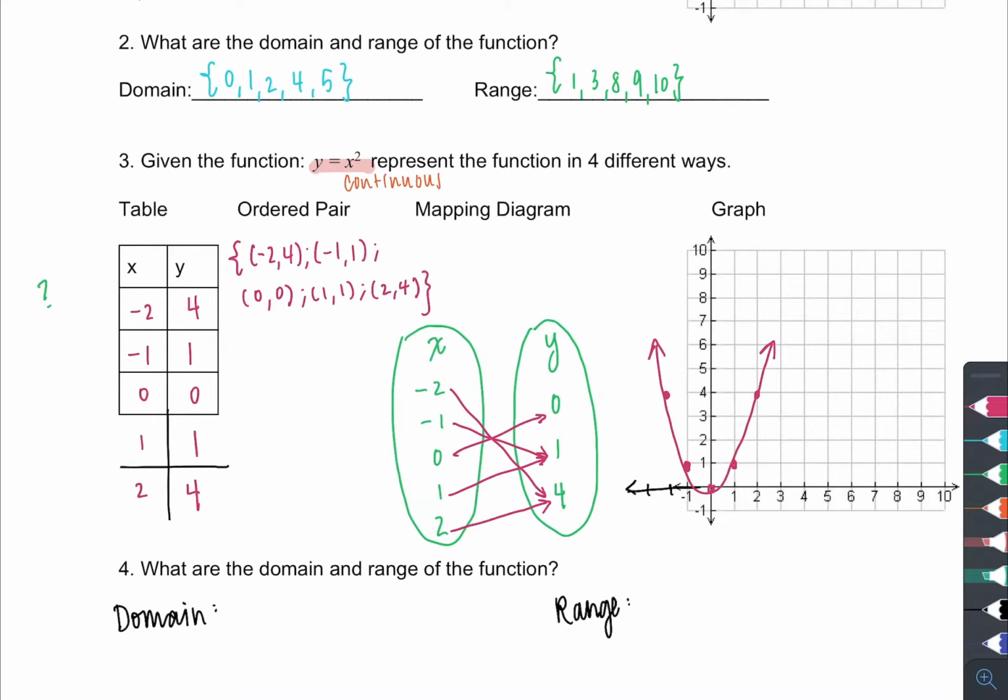No x values can be excluded, so we're going to put all real numbers. And for the range, you'll notice that our values stop right here. So it's going to go from 0 up top. So any y is greater than or equal to 0 for the range. Okay.